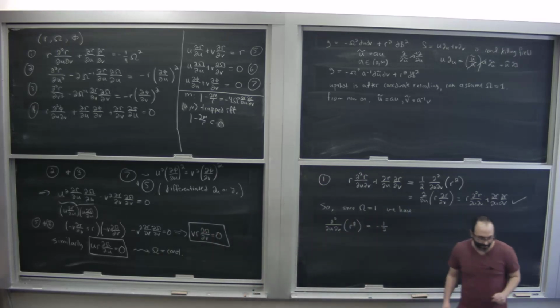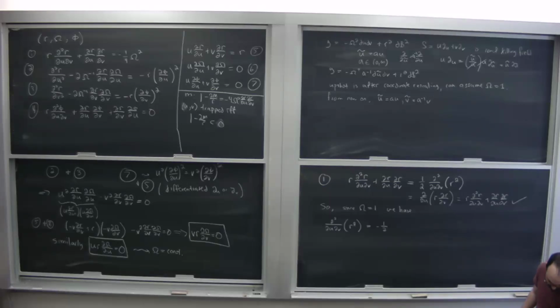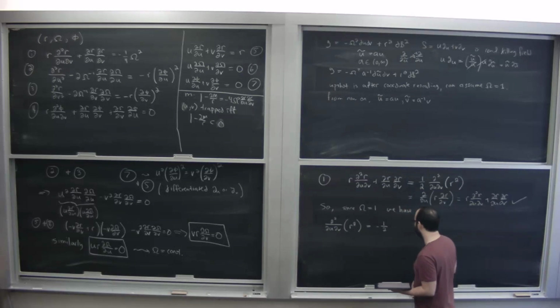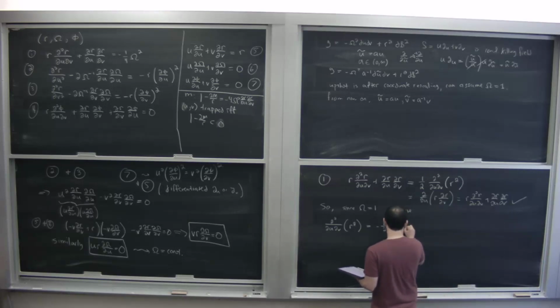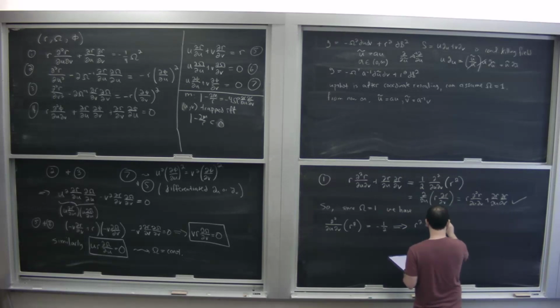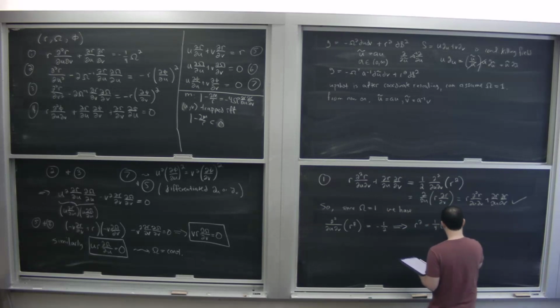Now we know from PDEs how to write down the general solution to this, even allowing for weak solutions. So R squared has to be equal to 1/4, and I'm trying to use here the notation from Christodoulou's paper, 1/4 some function of u.